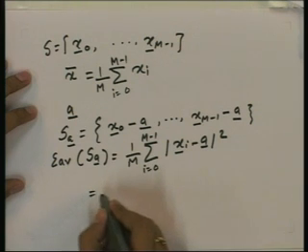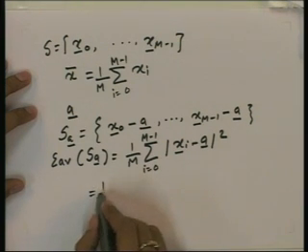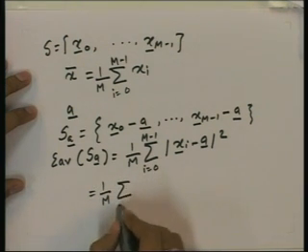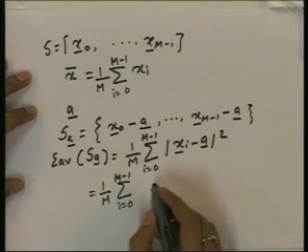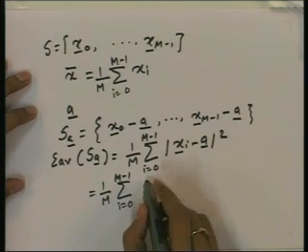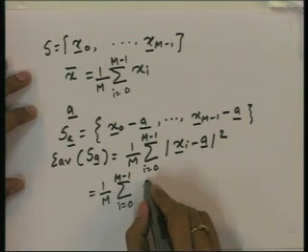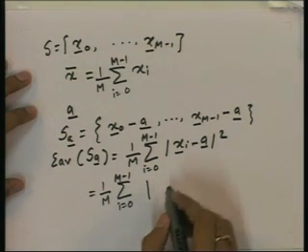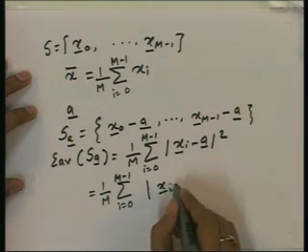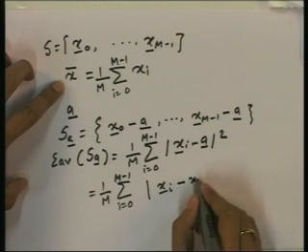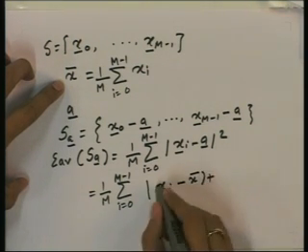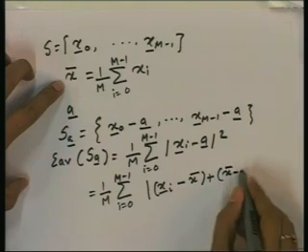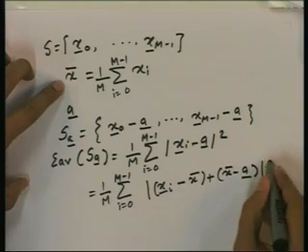Now we will do a little modification. We will subtract here x i minus x bar, then plus x bar minus a, whole square.